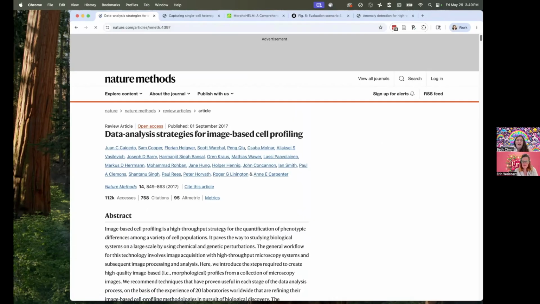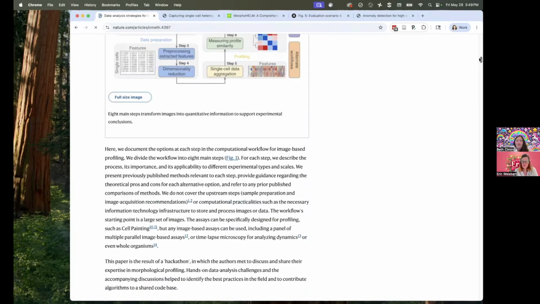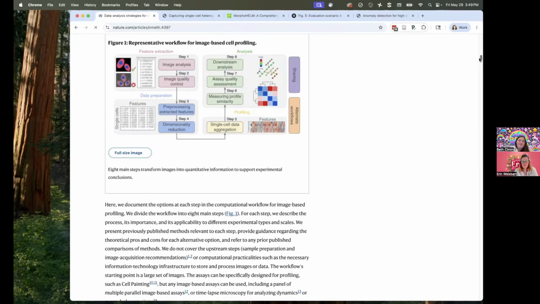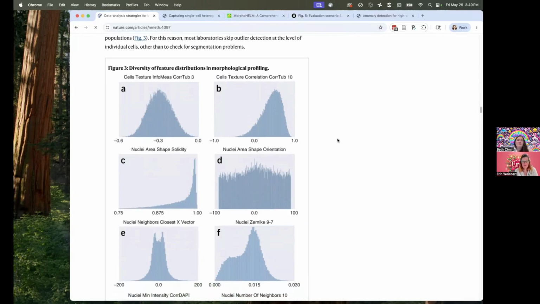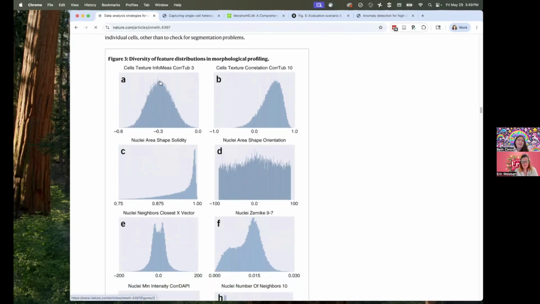There's a lot of really great stuff in here about the workflows that people do, but specifically, one of the things pointed out is that different features can behave super differently and can have very different data shapes. This particular texture measurement looks like a pretty normal distribution, and I say that in the mathematical definition of normal.